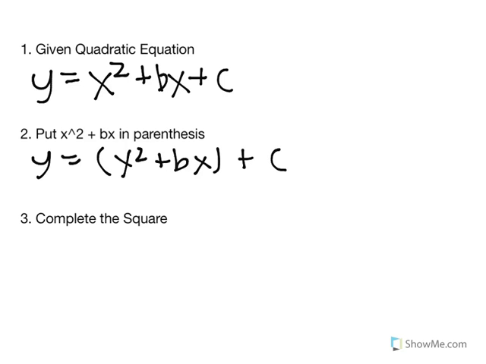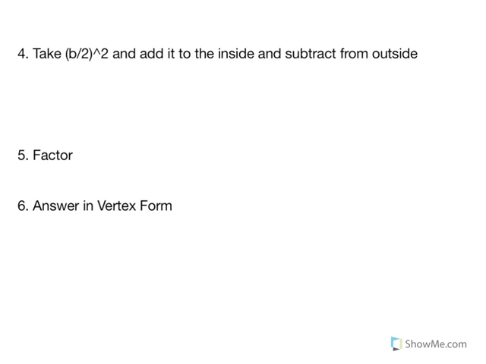Your next step is to complete the square. For this, you are just going to expand the parentheses so you are able to add another value later. Your fourth step is to take b over 2 and square it, add it to the inside, and subtract it from the outside.